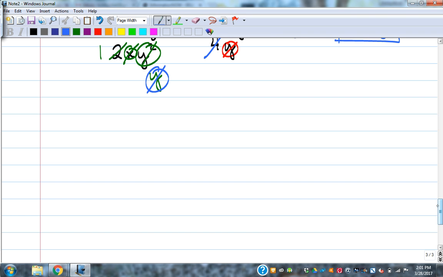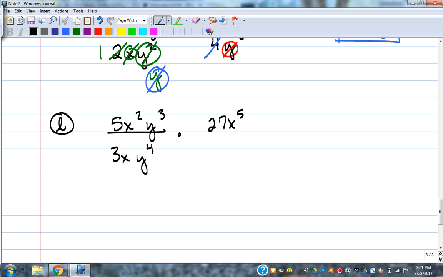Let's get another one of those, because I think these are more difficult than the ones where you actually have to factor. So 5x squared y cubed, 3x y to the 4th times 27 x to the 5th over 15 x to the 4th y.